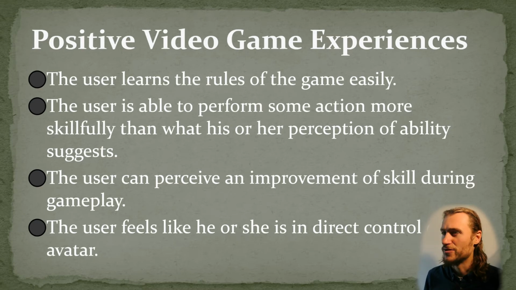The user is able to perform some action more skillfully than her perception or ability suggests. That's a difficult one, depending on your target group audience, of course, and what they previously know already. The user can perceive an improvement of the skill during gameplay and doesn't rage quit along the way.